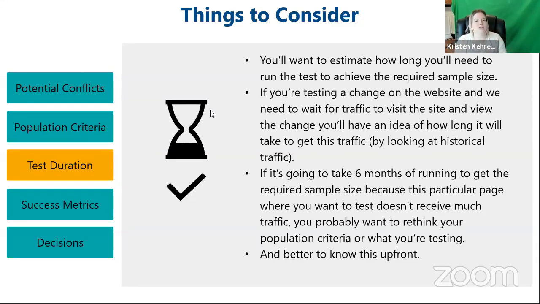And so you should have an understanding of, if they say the population criteria is this, you then query your data to find out how many customers actually fit that criteria. You can look at how many people have previously visited that web page over time and get an idea of, if you split that 50-50, how long it's going to take you to get the number of people you need. Yes, so Laura, it's also dependent on the industry and where you're applying the test.